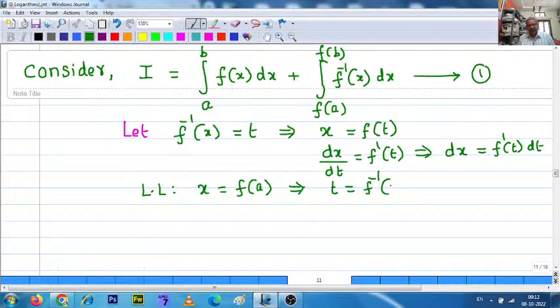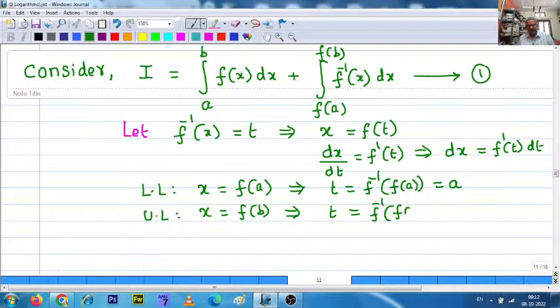That means f inverse of x, right? f inverse of f of a is equal to, obviously f inverse circle f is the identity function, you will be getting a. So now the lower limit becomes a. Now upper limit x is equal to f of b. Now t is equal to, you need to convert in terms of t, f inverse of f of b, that is f inverse circle f of b, that will be b.